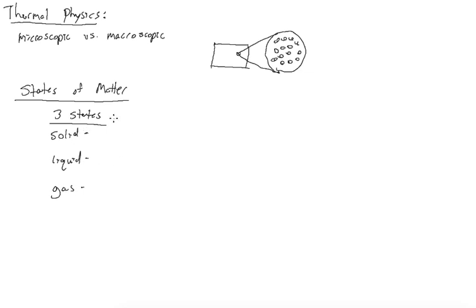So solids, these are going to be when there's a certain arrangement of the atoms and molecules, and they stay in that arrangement. They may vibrate ever so slightly next to each other. They may move around a little bit, but they're not rearranging on their own. They're not changing and swapping positions around, and it stays basically its same shape.